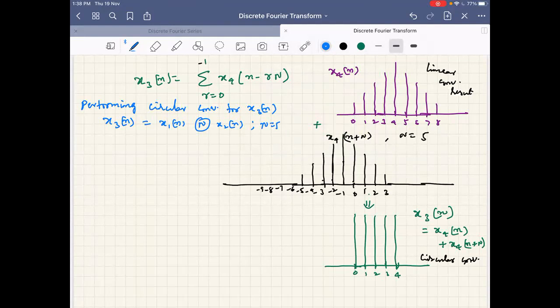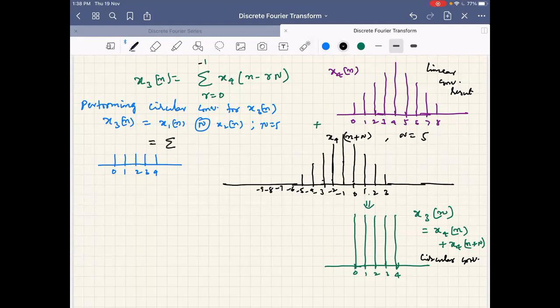See, for circular convolution, what did we say? We take the sequence x1 of n, for example 1, 2, 3, 4, 5 for n from 0 to 4, and the sequence x2 of n, then circularly shift the other sequence and start convolution.